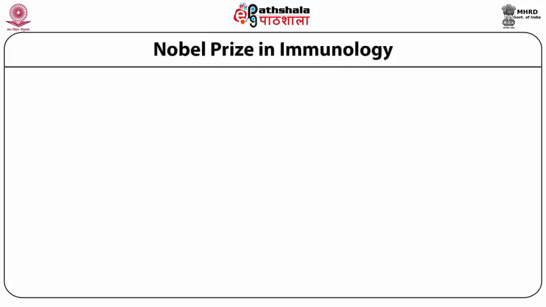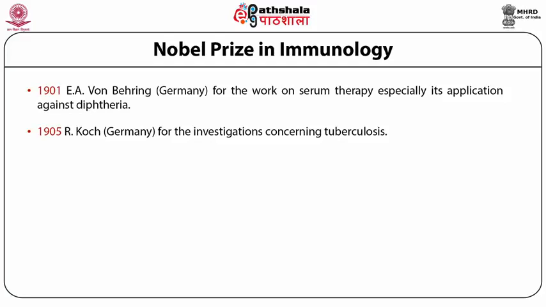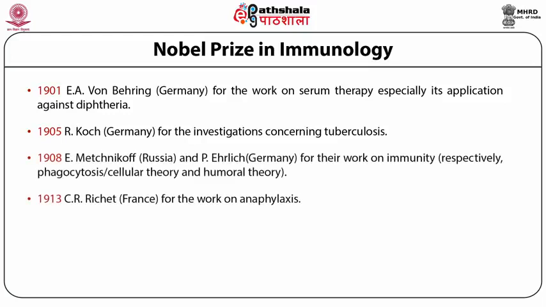The list of the Nobel laureates in immunology can start with von Behring of Germany in 1901 for the work on serum therapy, especially its application against diphtheria. Metchnikoff, who started that big debate, shared the Nobel Prize with Paul Ehrlich in 1908.